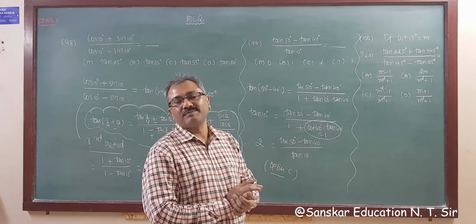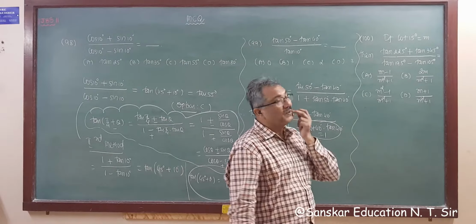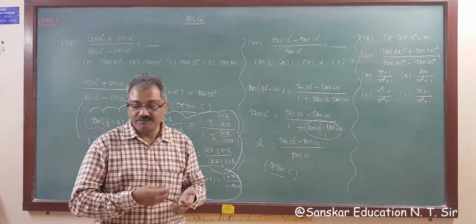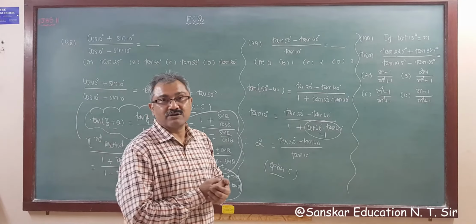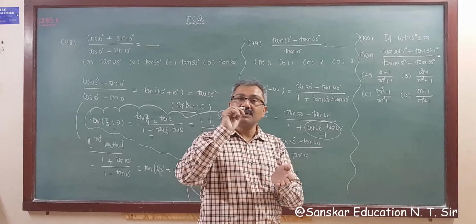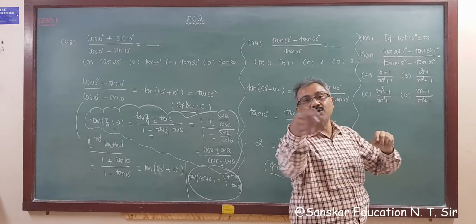That you don't know. Then what to do? Tan 345, tan 345. So what to do? That is also not a known value, right? So either change this degree into 15, or into your known value.